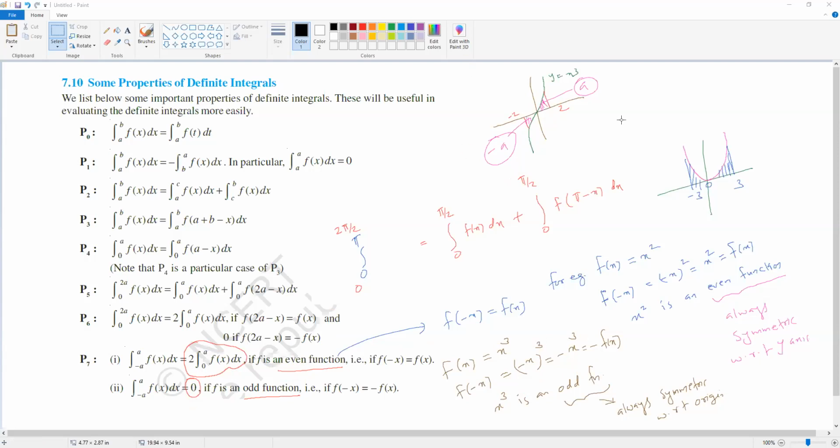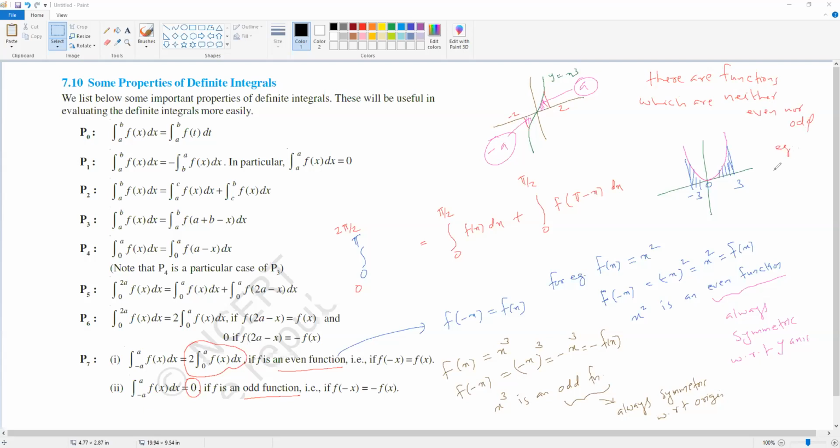So आपको doubt है, इवन और ऑड के अलावा कुछ function है क्या? है, there are functions which are neither even nor odd also.